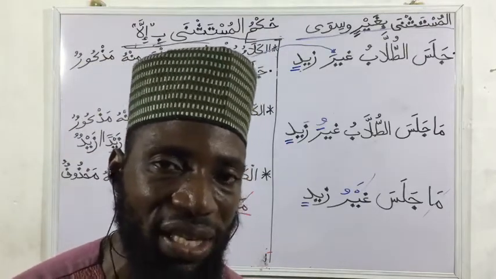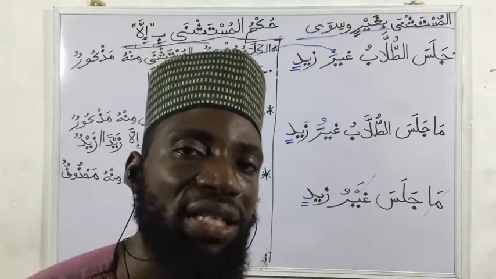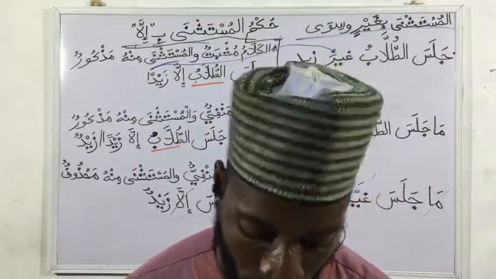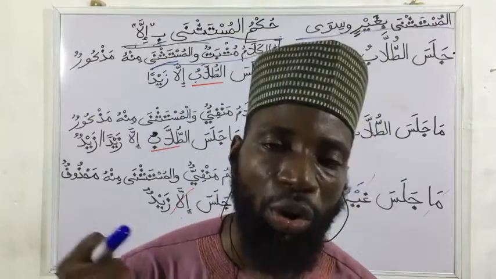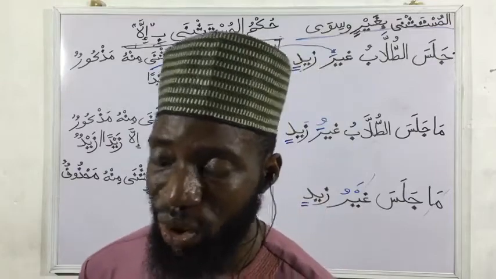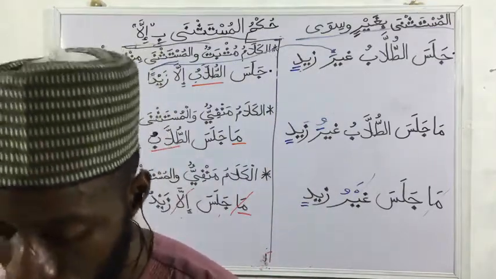Because your maf'ul bihi is your mustasna minhu that is mahdhuf. And maf'ul bihi always takes what? Nasb. So that's why you have lam yaftaris adh-dhi'bu ghayra shatin. The wolf did not prey on any animal except what? Except a sheep.